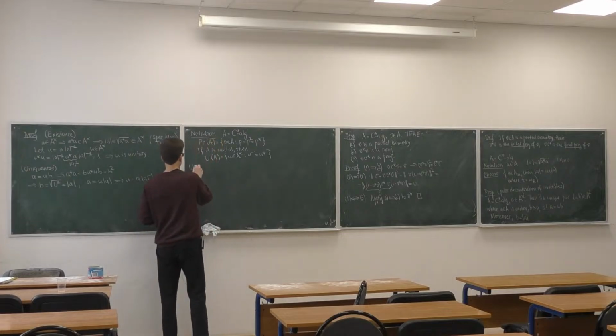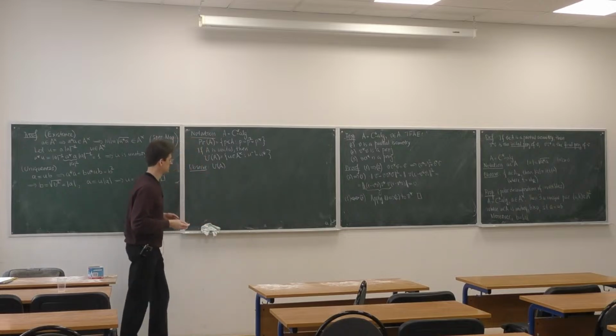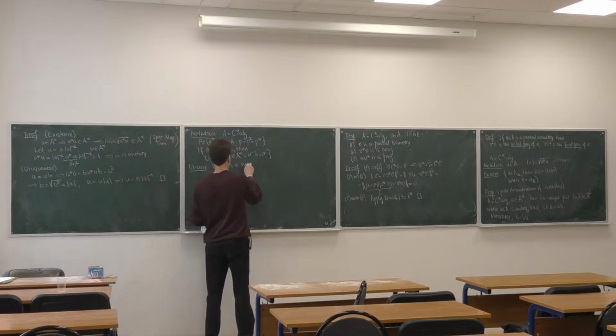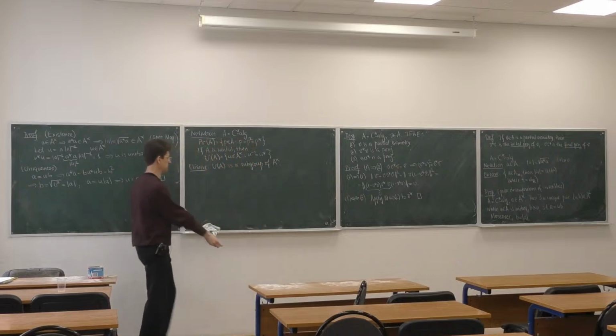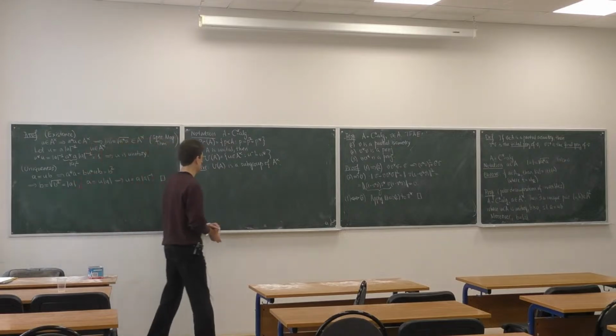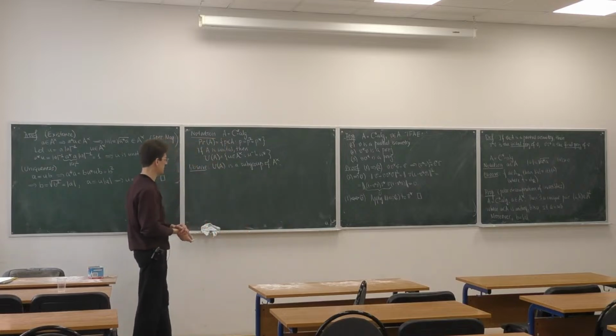So let's observe that the set of all unitaries is actually a subgroup of the multiplicative group of invertibles. This is more or less clear from the definition. The product of two unitary elements is a unitary element. So in particular, it acts on A by conjugation. And this naturally leads to the following equivalence relation.